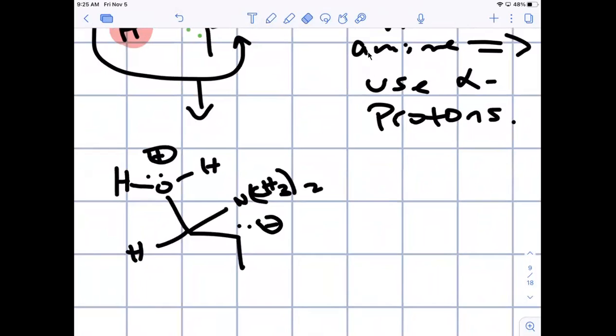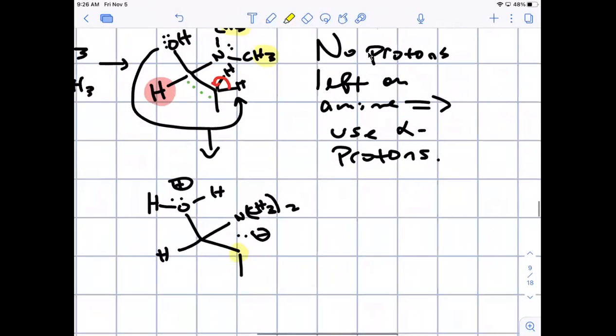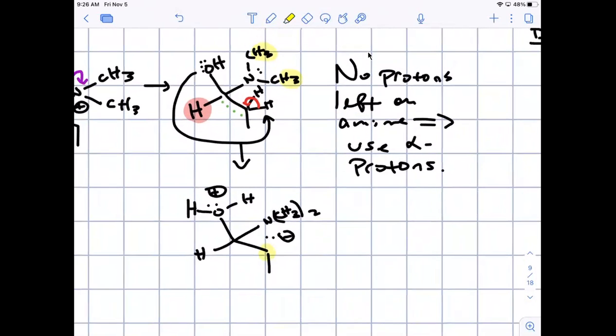And then that carbon now has a negative charge on it. So it's this carbon right here that's negative, the alpha carbon.